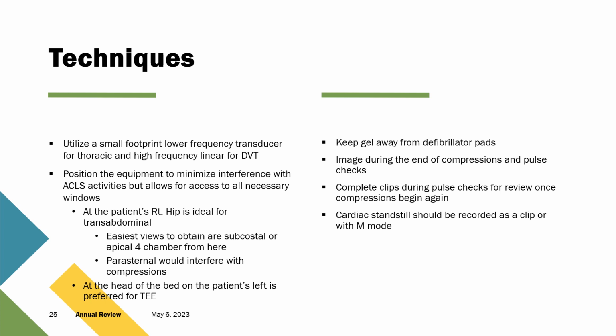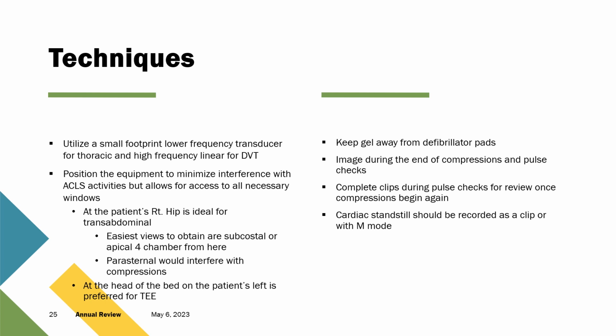For most patients, the optimal position of the person providing point-of-care ultrasound is going to be at the patient's right hip. This is the easiest place because it provides you the best access to the subxiphoid area. It also allows you to reach over and look for the 4-chamber apical view, although with the patient in a supine position, this is not going to be optimal.